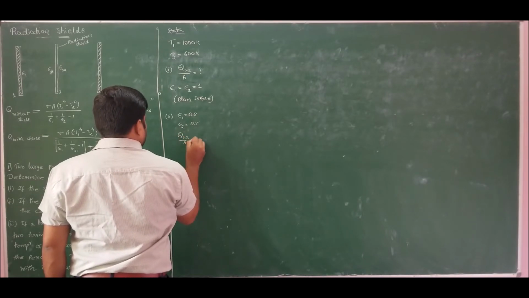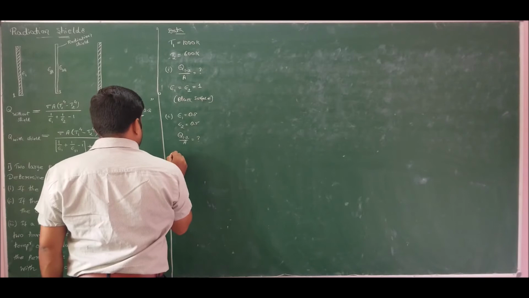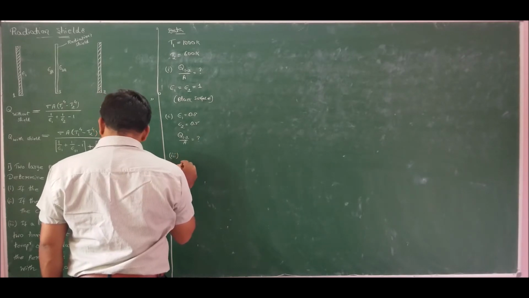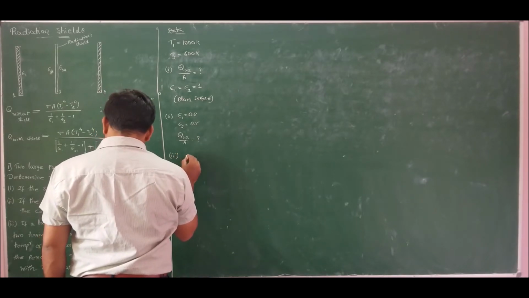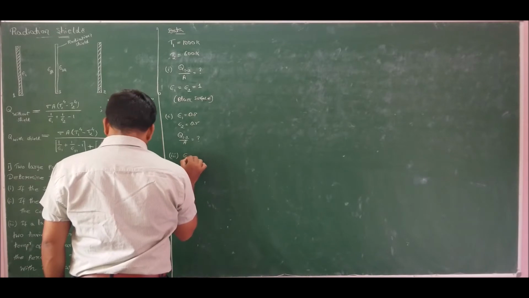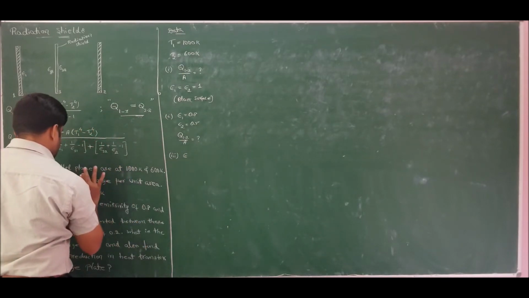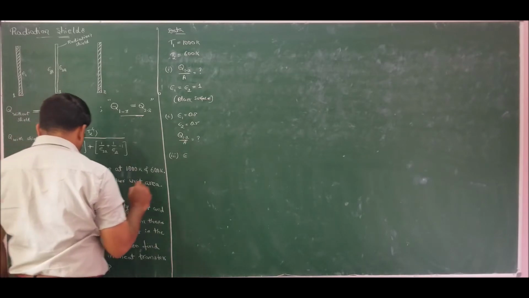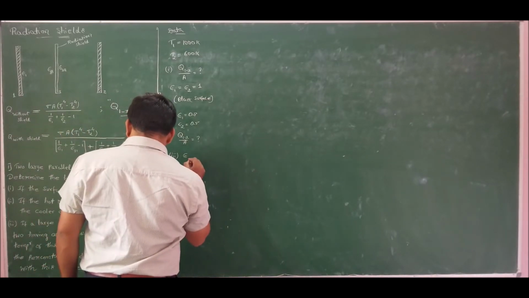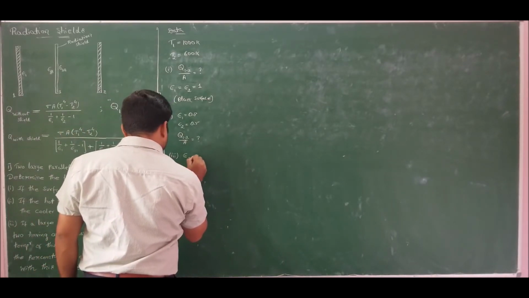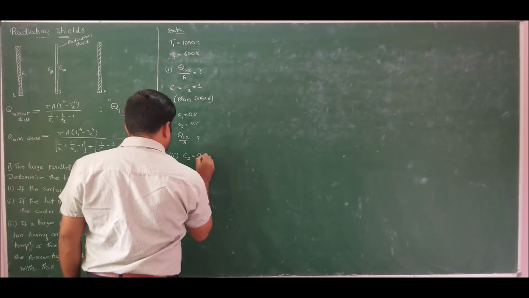Q12 per area. And the third part is asking, a large plate is inserted between the two parallel plates, having an emissivity, let us take emissivity 3 as 0.2.